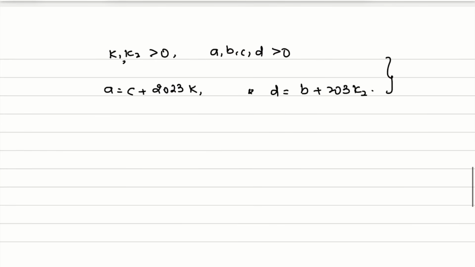These two conditions give rise to a condition where, because all are integers, we treated them as a Diophantine equation. All are positive integers. K1 is a positive integer, C is a positive integer, A is a positive integer.